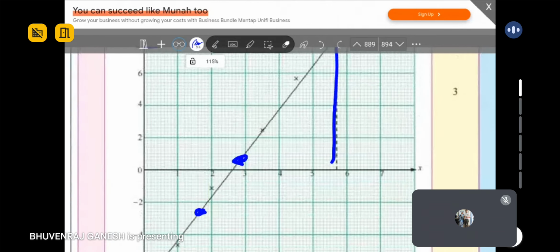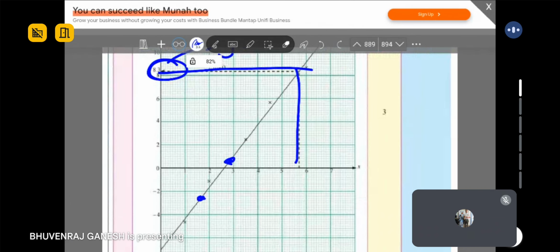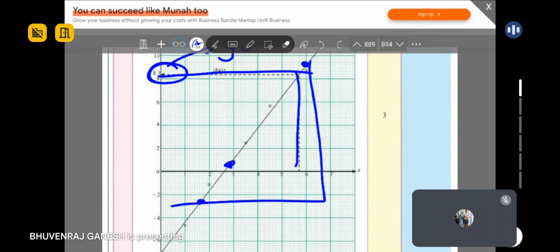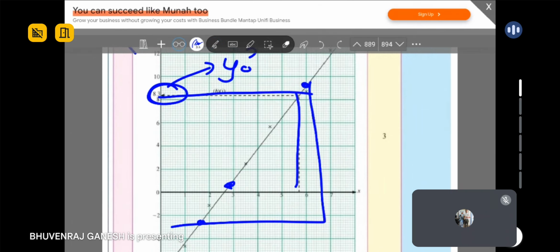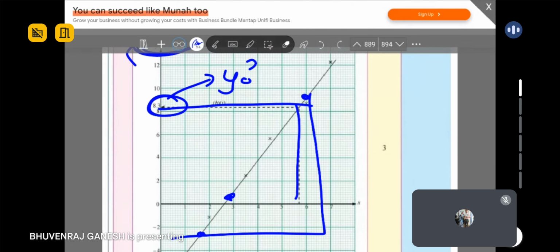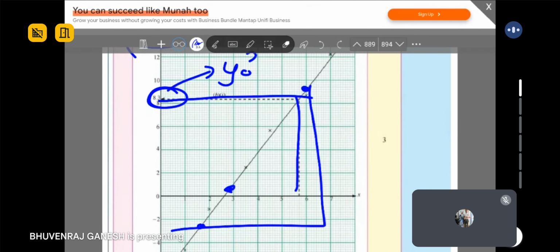Dan guna titik yang sejauh mungkin. Use the 2 point that is furthest so that your triangle is larger. Bila segitiga lebih besar, nilai kecerunan lebih tepat. Okay, the larger the triangle, the better your gradient. Okay, so always choose the 2 furthest points. At least setengah daripada panjang garis. Itu advice saya. Okay, take the 2 points that is at least half the distance of the line. Alright?